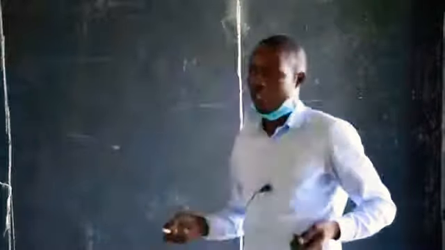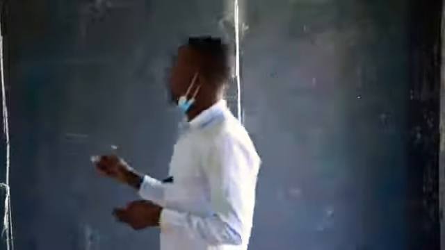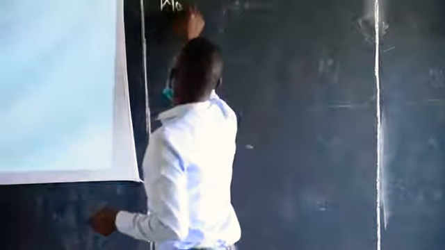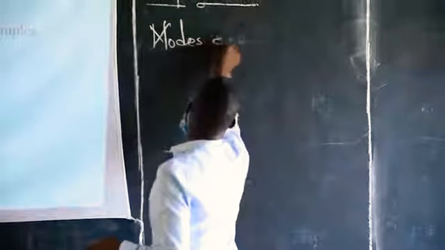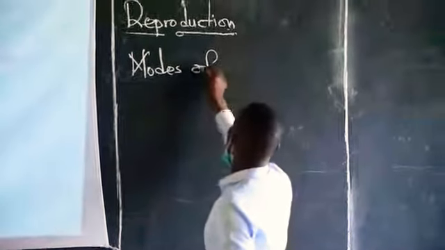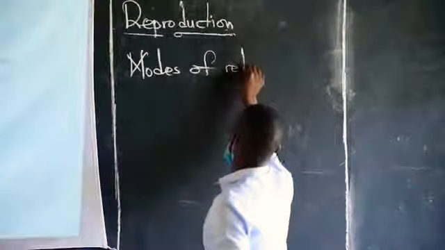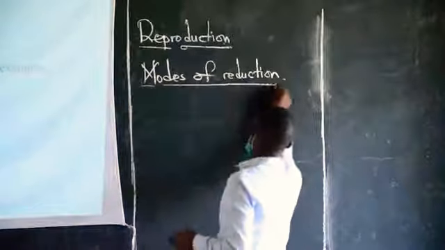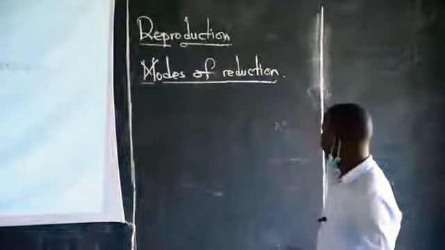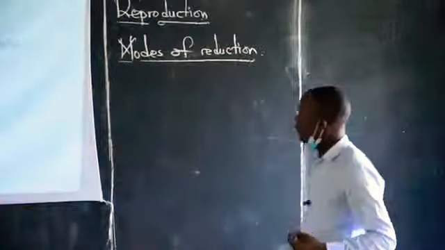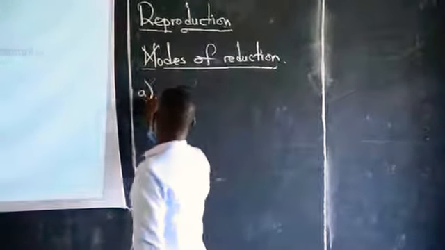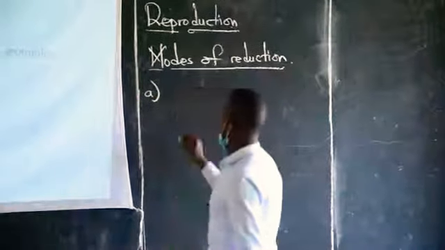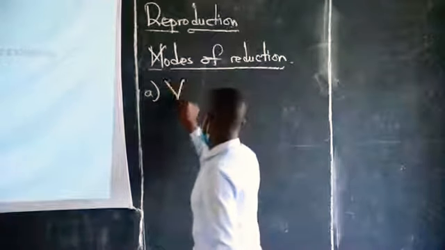Majorly, there are 3 ways in which animals produce or reproduce. Let us look at the first way. We can classify these animals as viviparous.